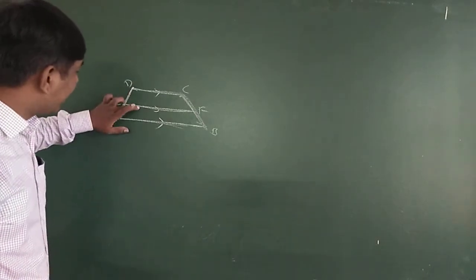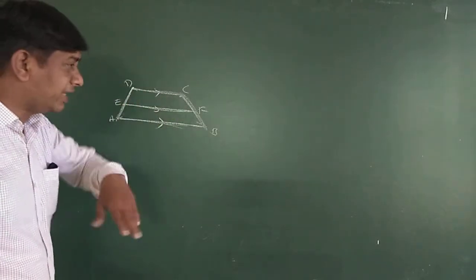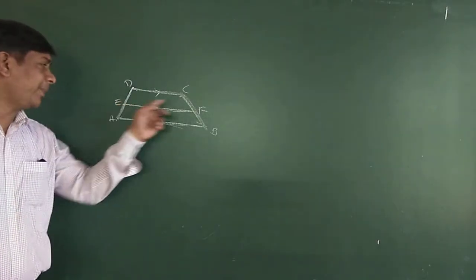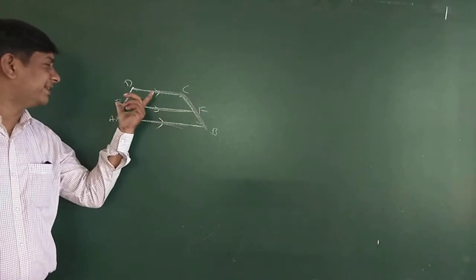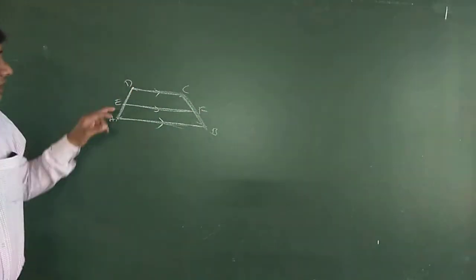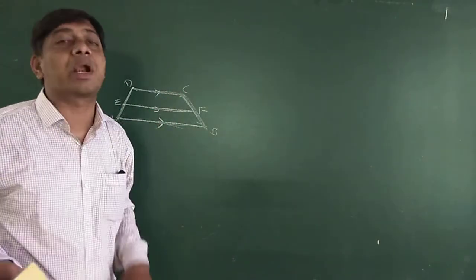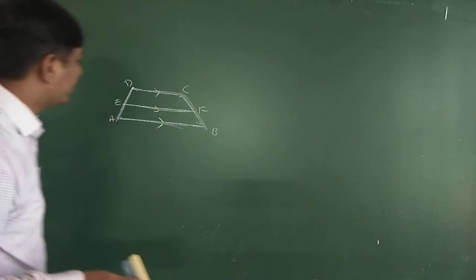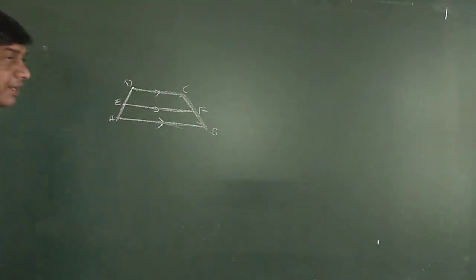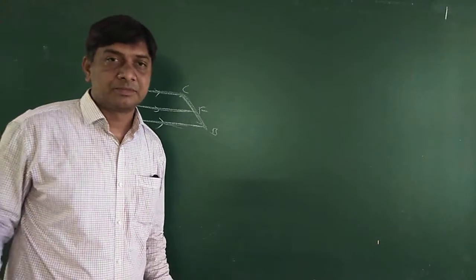This line EF will meet the non-parallel sides AD at E and BC at F. These AD and BC are also divided in the same ratio. It means BE by EA is equal to CF by FB. Okay, that we have to prove.